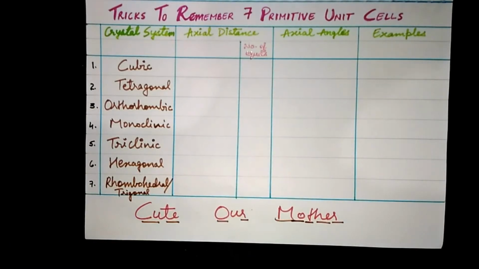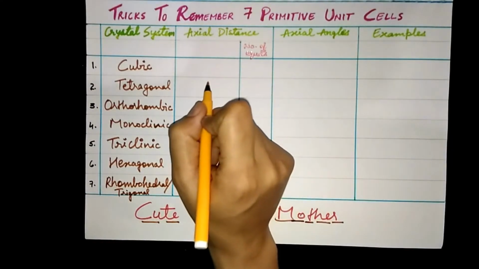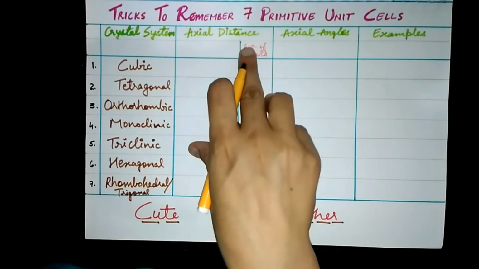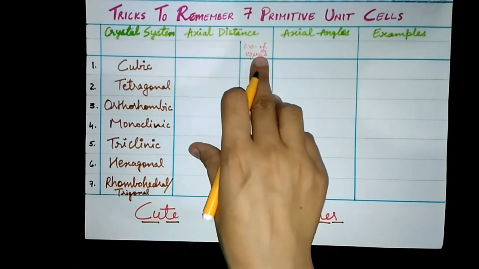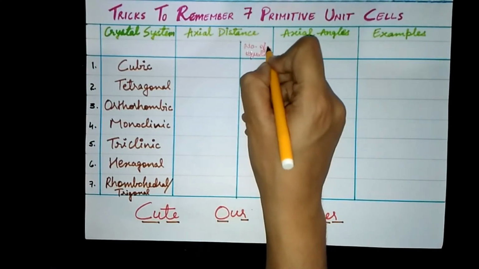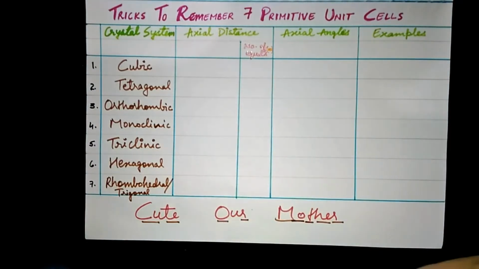Next we will learn their axial distances. For the axial distances, you can see I have made a column for the number of equal signs. You have to learn the number of equal signs.